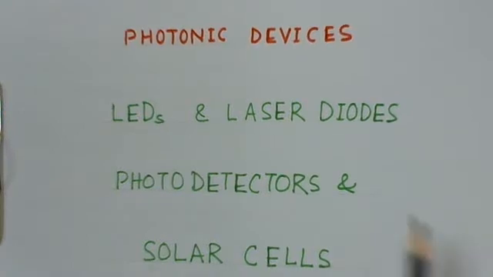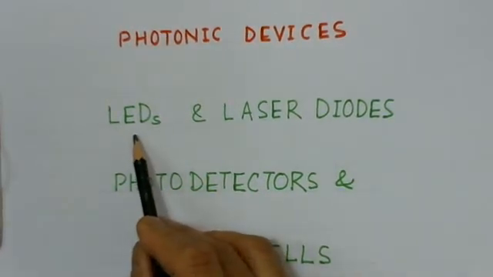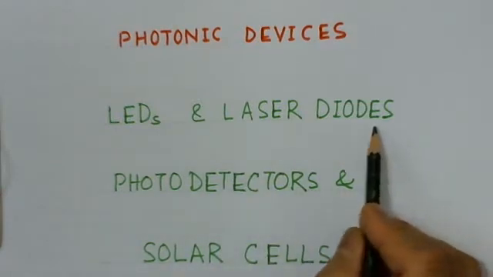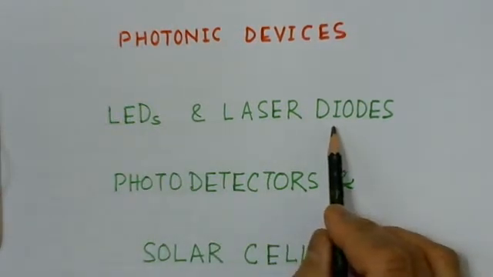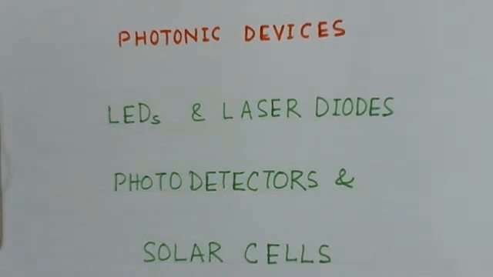The first is LEDs and the laser diodes. These are the two coming in the same category, and the other category is the photodetectors and the solar cells.